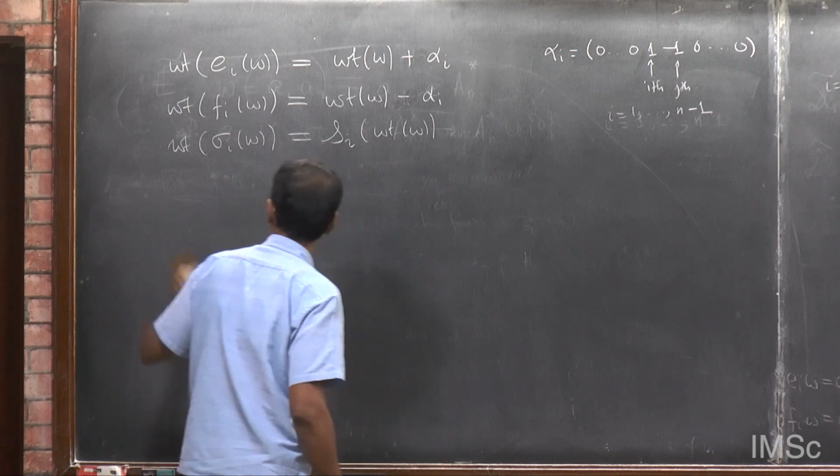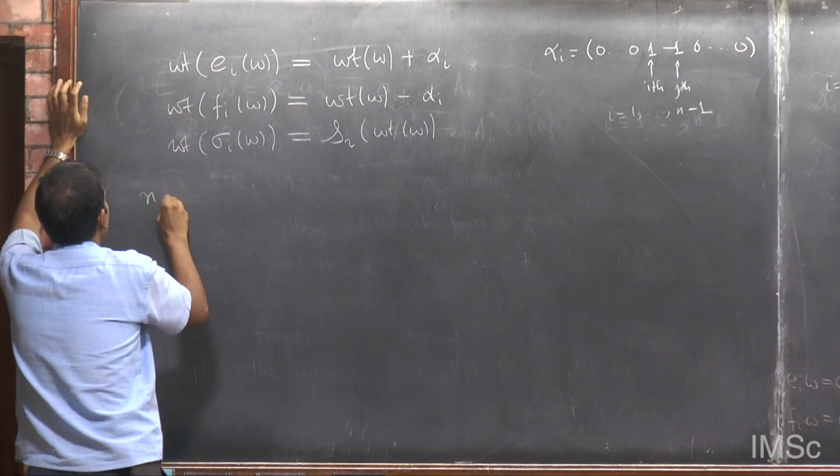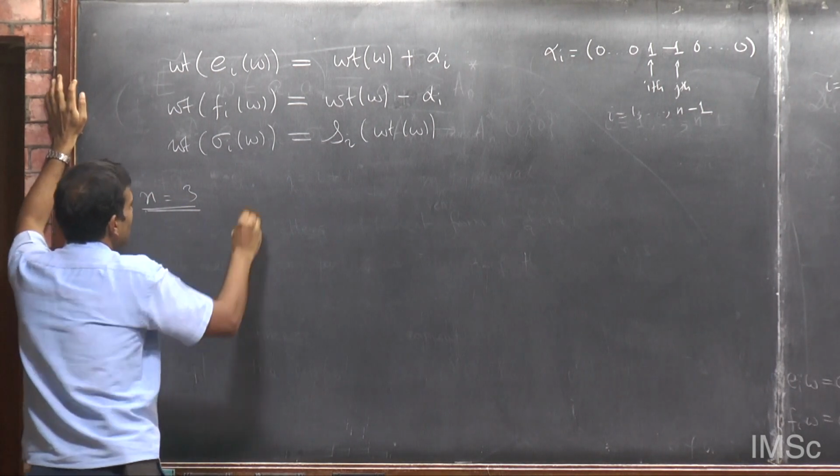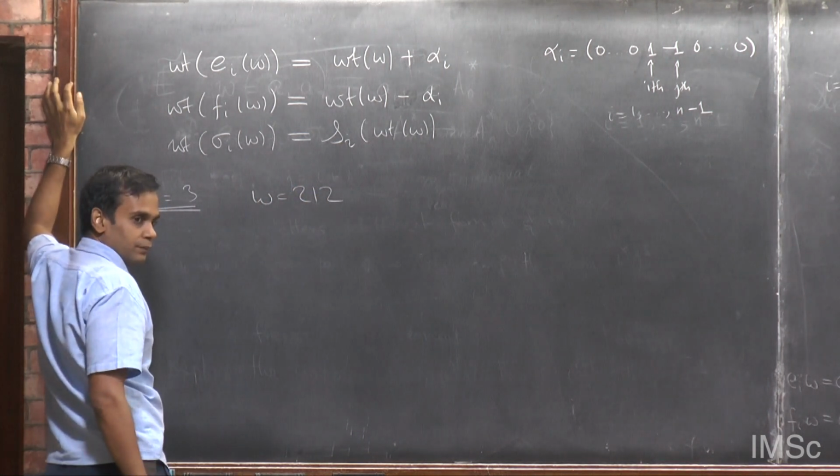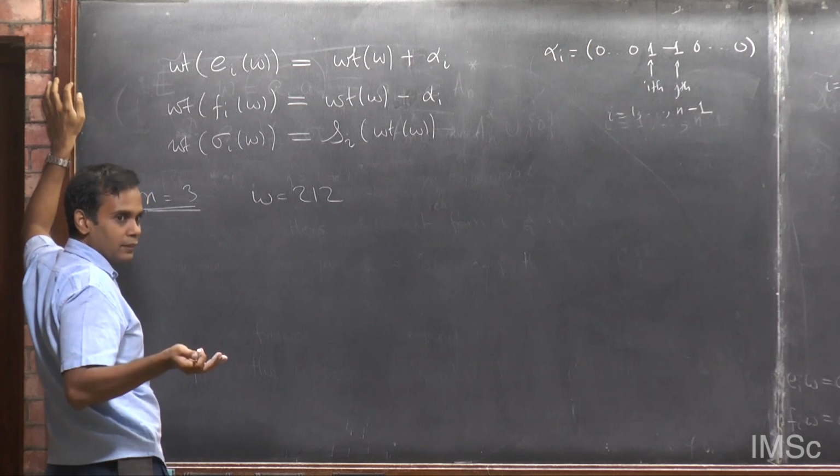So let's just take n equals 3, and let me start with a very simple word, something like 212. Then let's see what all I can get from 212.